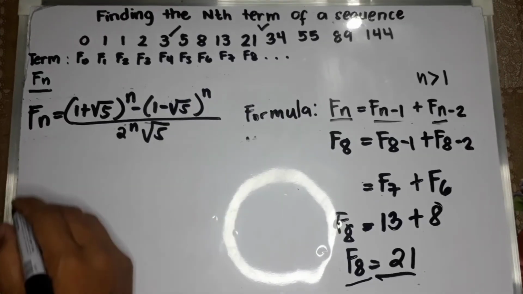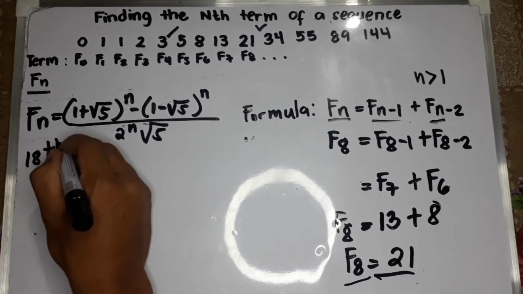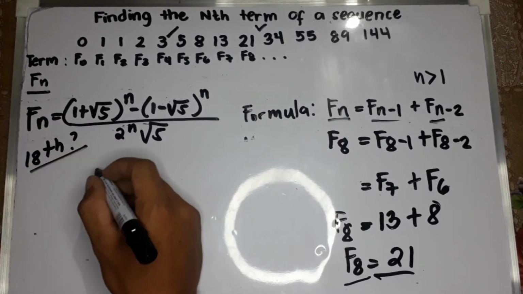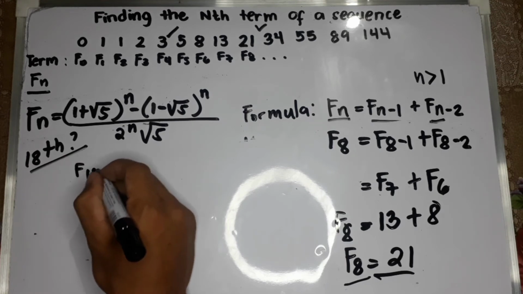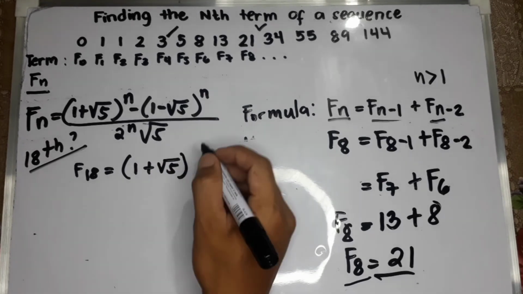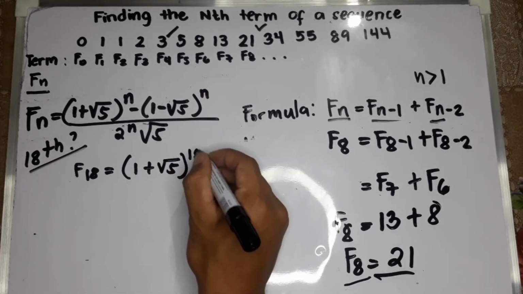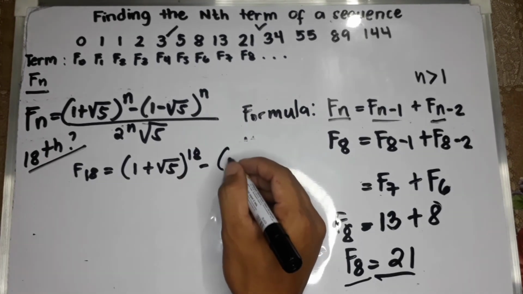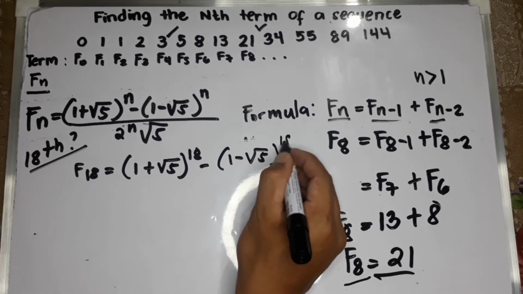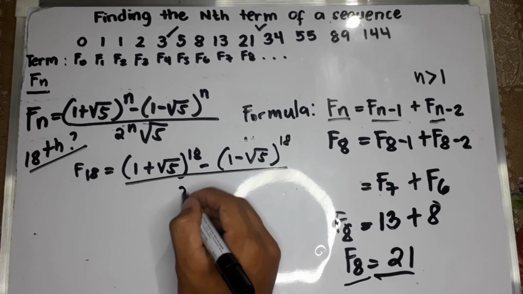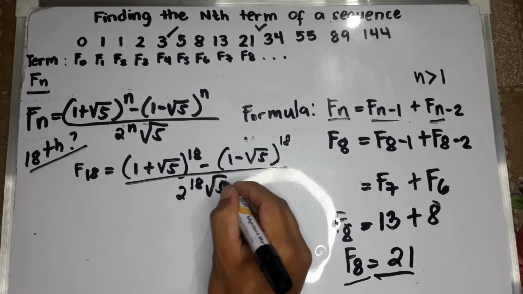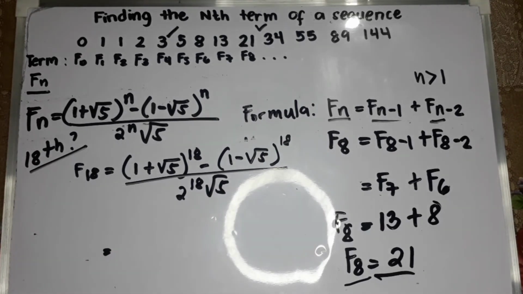So let's try another example. We are going to find the 18th term. So we will use this formula. We have f sub 18 is equal to (1 plus the square root of 5) raised to the power of 18 minus (1 minus the square root of 5) raised to the power of 18, divided by 2 raised to the power of 18 times the square root of 5. So let's find the answer.